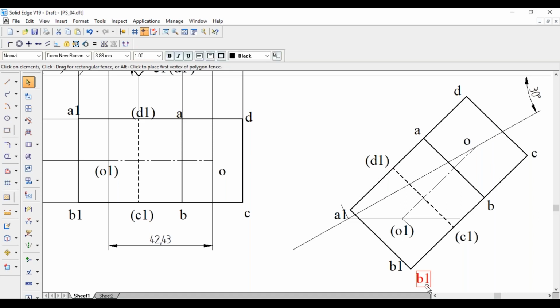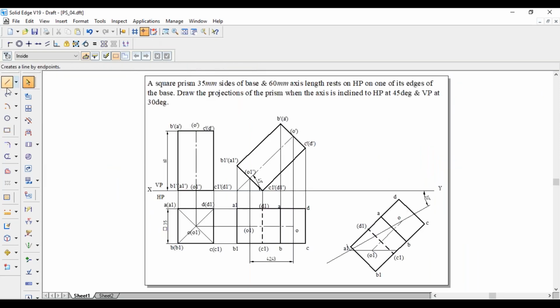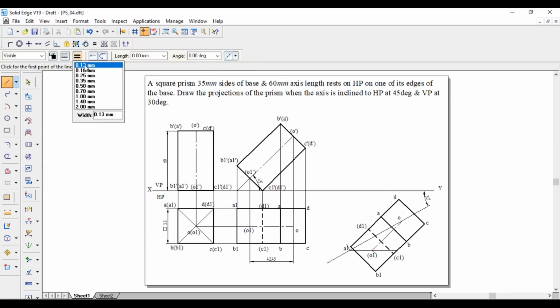So in the same way we copied the second position top view into the third position top view. Projecting the points, before projecting, we'll project from this point first.